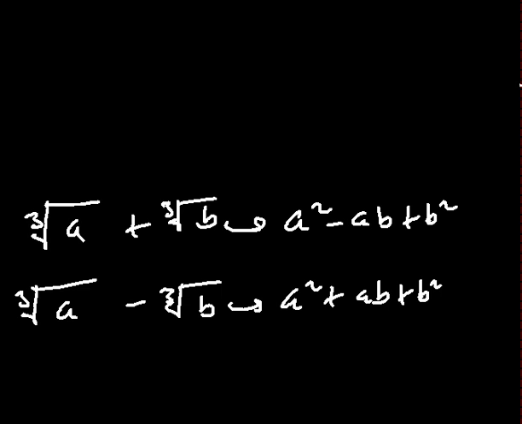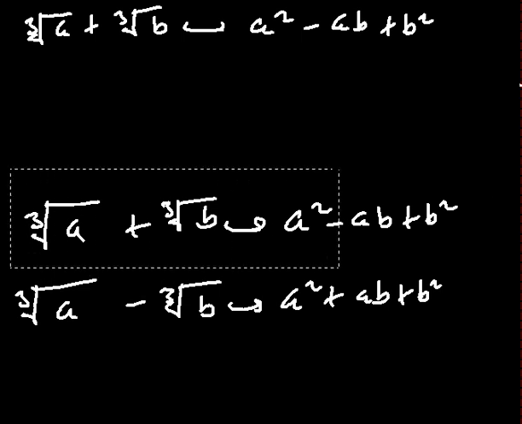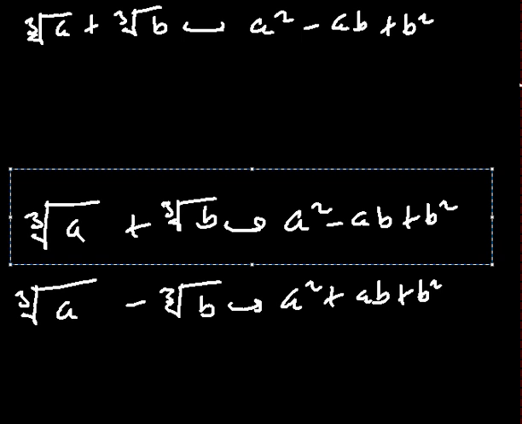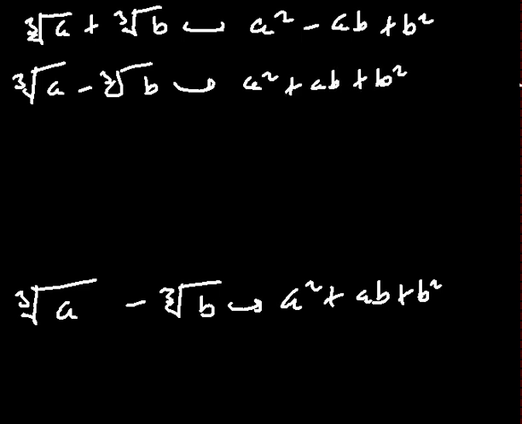The conjugate of the cube root of a plus the cube root of b is given as a squared minus ab plus b squared, as we have it here. And the conjugate of the cube root of a minus the cube root of b is given as a squared plus ab plus b squared.